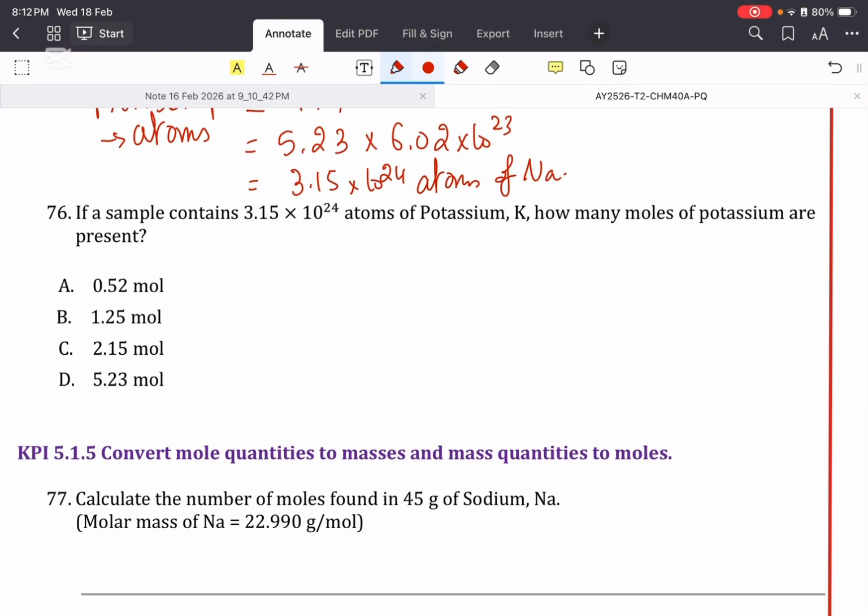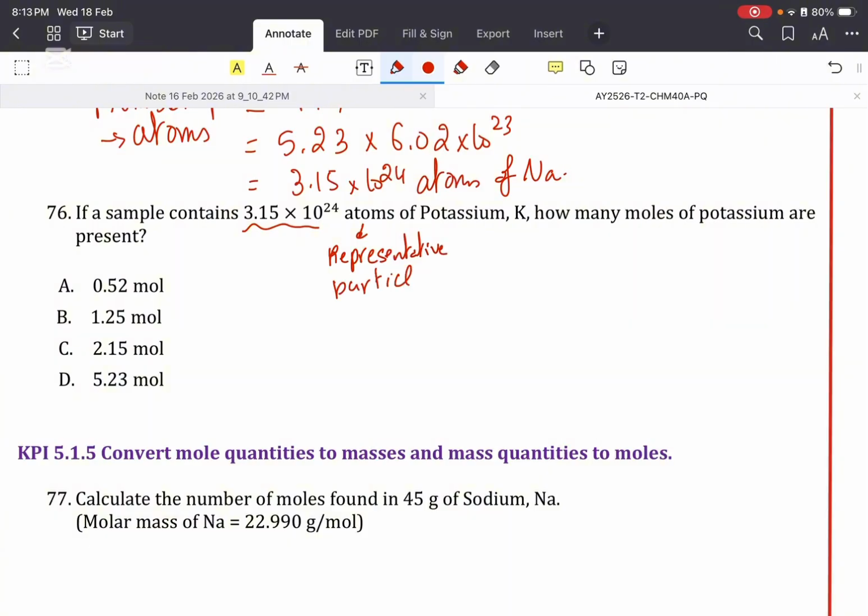to the power 23. If a sample contains 3.15 times 10 to the power 24 atoms, this is a representative particle. So I have the representative particles. They just want to know how many moles these are.